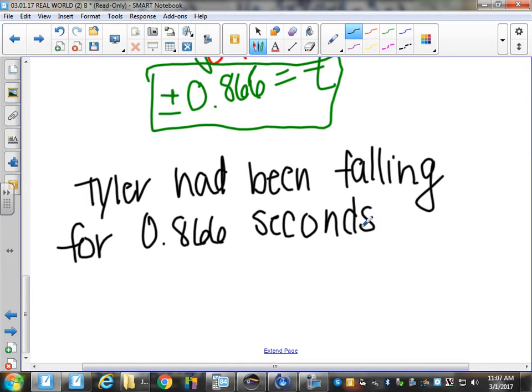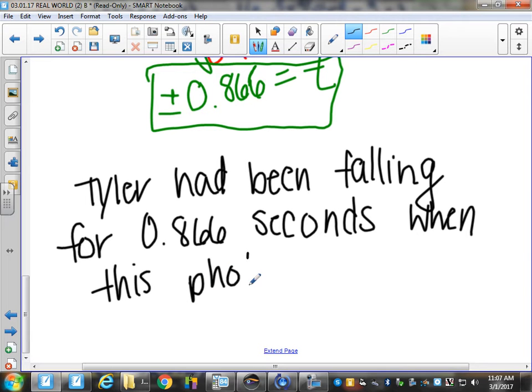Because you can't go backwards in time, exactly. But you still have to clarify for the test that it is a plus or a minus. When you write your sentence, you choose which makes more sense. When this photo was taken. Make sure you're writing that sentence in.